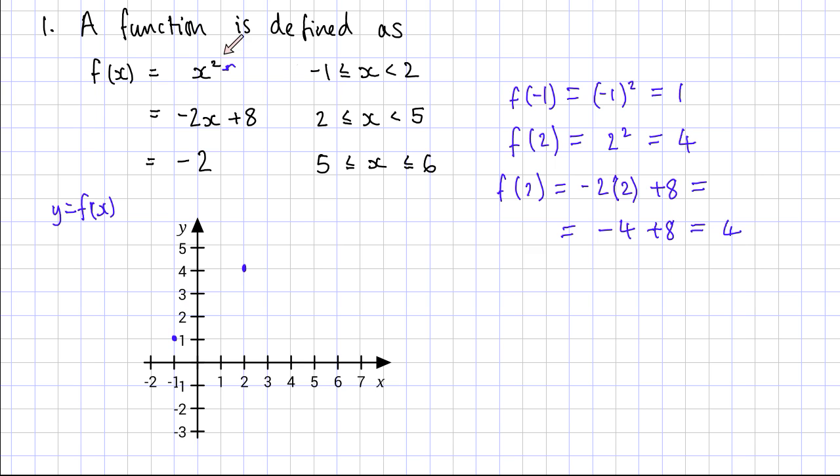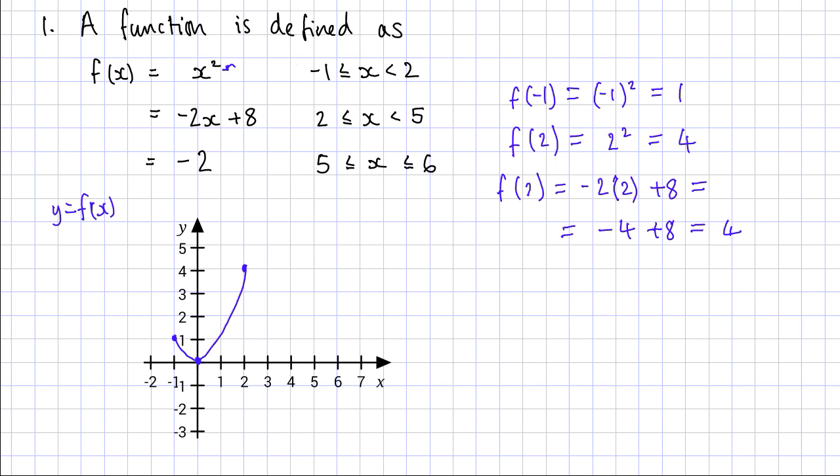Now I know the shape of the x squared graph, and I know the turning point is at (0, 0). So I should put that here as well. Now I have 3 points that this first part of the graph will go through, so I can start drawing that now. So it's a curve going like that, and then up to there.